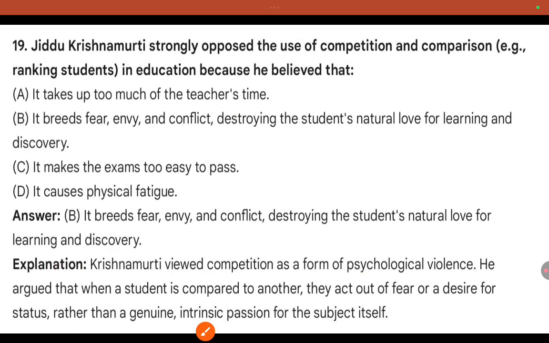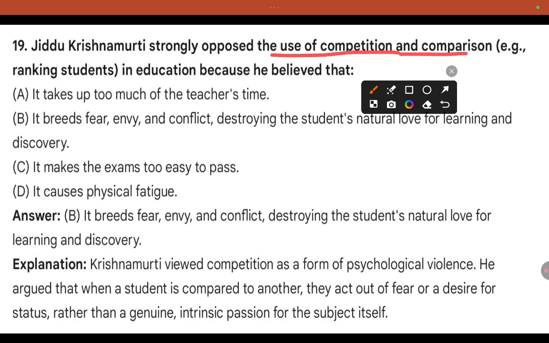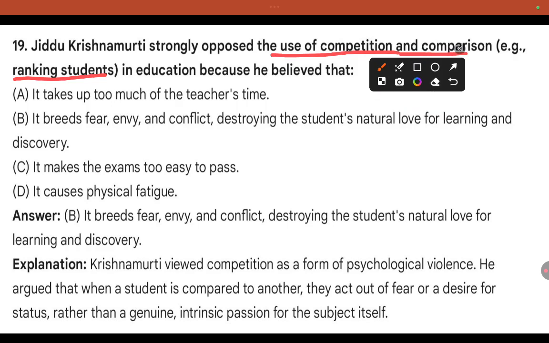19th one. Jiddu Krishnamurti strongly opposed the use of competition and comparison, for example ranking students, in education because: A. he believed that it takes up too much of the teacher's time. B. It breeds fear, envy, conflict, and destroys the student's natural love for learning and discovery.